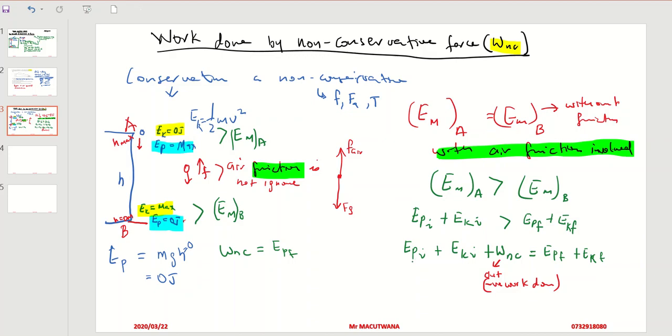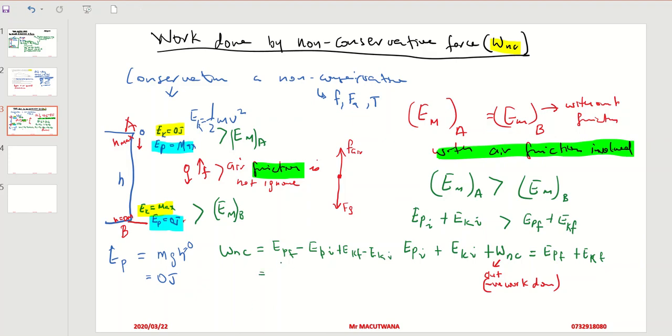Then you take this I to the other side of the equal sign, and change sign. You have EPI, then plus EKF, then you take this EKI to the other side, you have EKI.